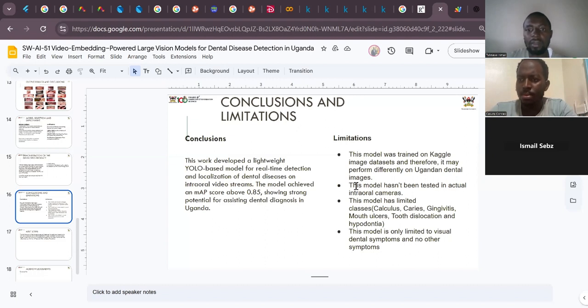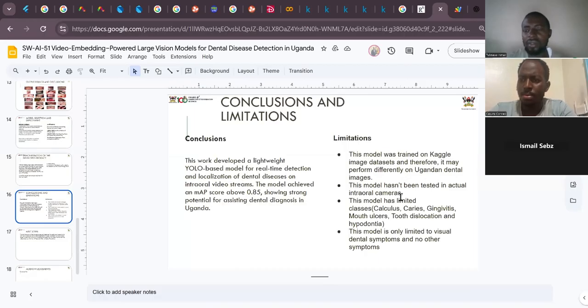Then we have not tested on actual cameras, like implementing it on real cameras. We were able to train this model on the images we had, though we have not implemented it in the real device.